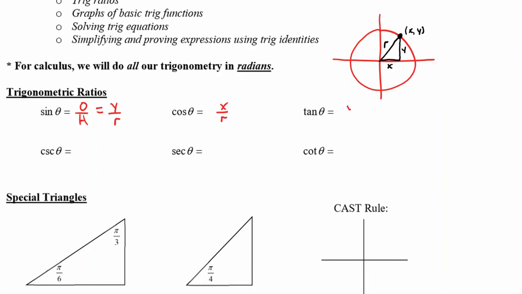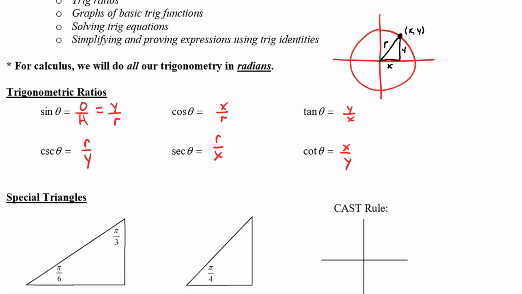Tan theta would be y over x. Cosecant theta is the reciprocal of sine theta, so that'd be r over y. Secant would be r over x. And then cotangent would be x over y.